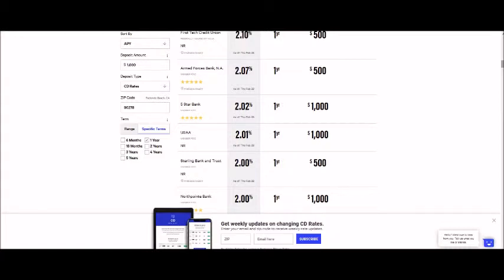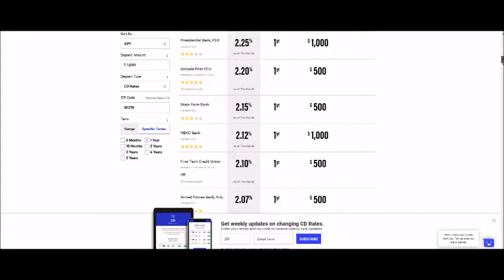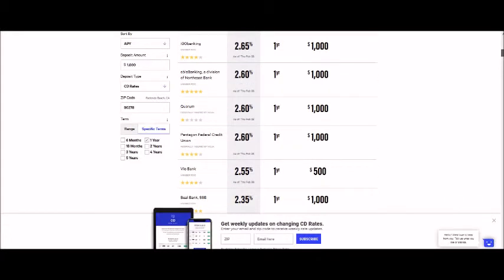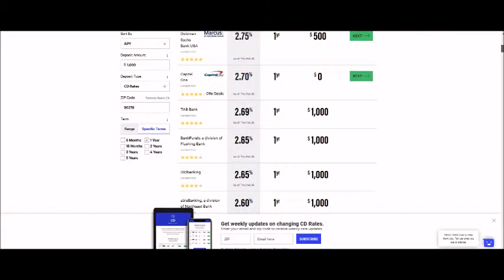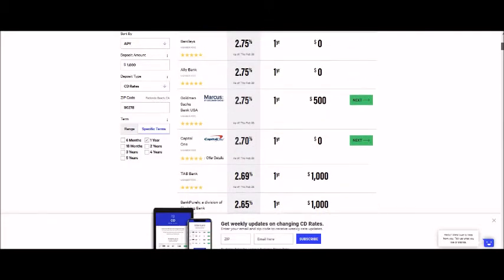You're better off putting your money in a high interest rate savings account where you can get it out whenever you want. Because for a CD, if you put your money in a 1-year CD, you're supposed to leave it in the CD for 1 year, or else there's a penalty if you remove your money early.